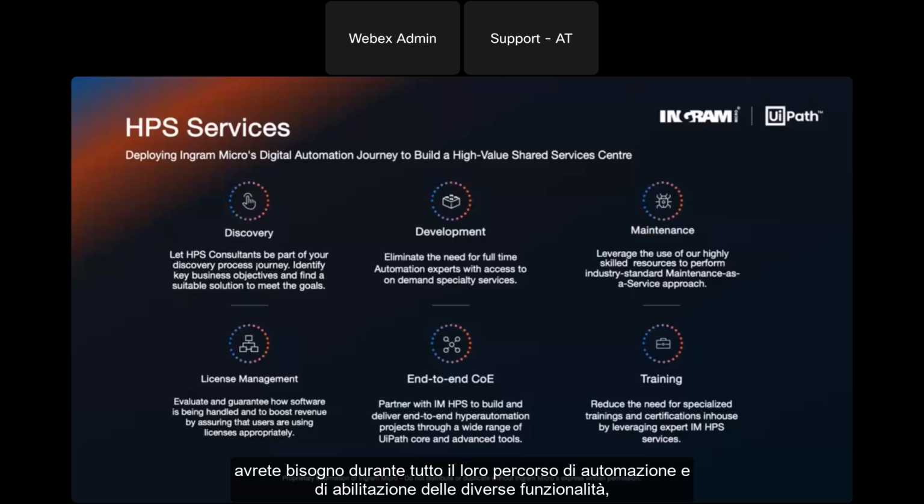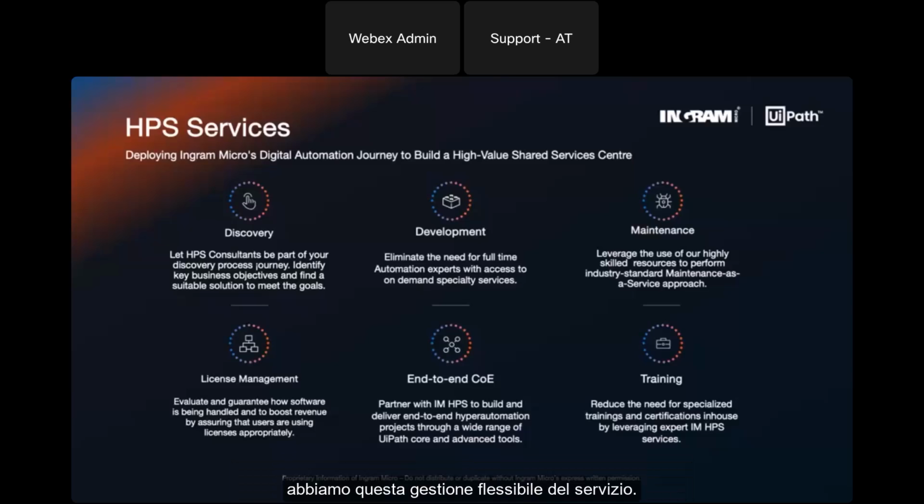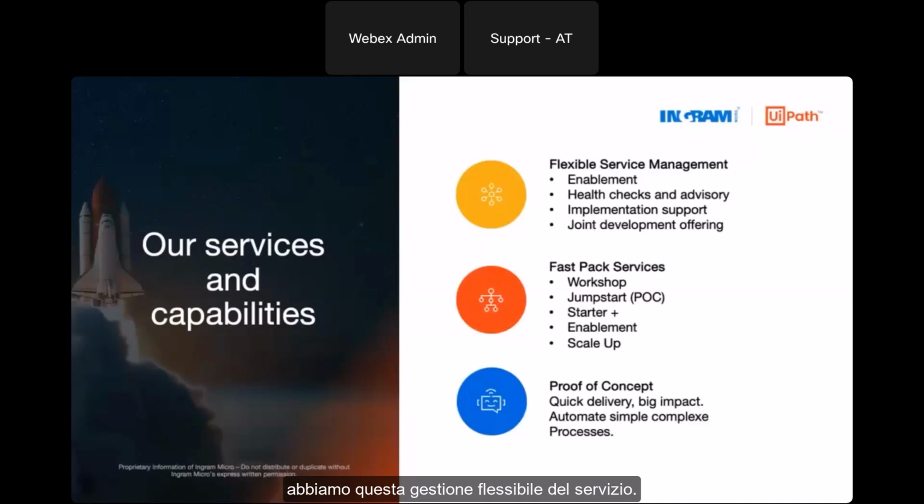And enabling different capabilities, we have this flexible service management. We have fast pack services, proof of concepts. You can find the specific solutions or services according to your needs or the opportunity that you have with your customers.